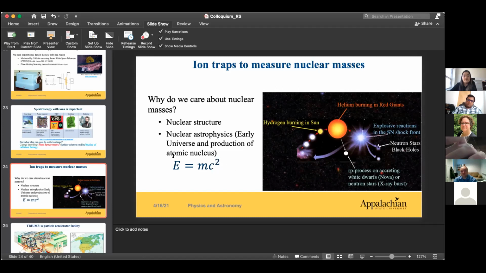This equation tells you how fast a nuclear reaction can occur, what the origin of a certain reaction was, when it occurred, how it occurred, and things like that. So by measuring the mass, which is one of the parameters you use in your nuclear reaction rates, you can learn a lot about situations that happened in the early universe, some of them shown in this picture on the right.